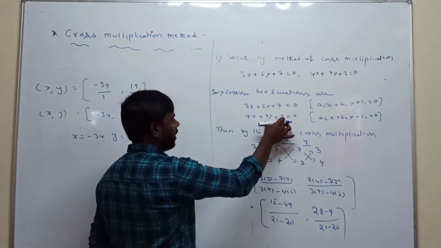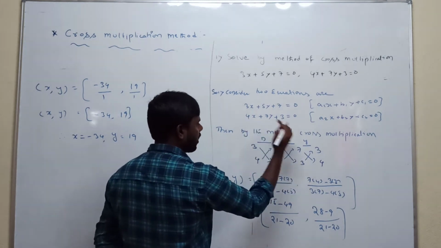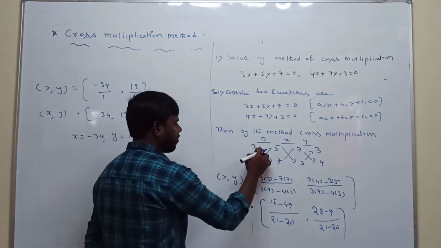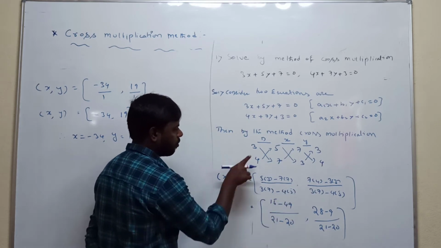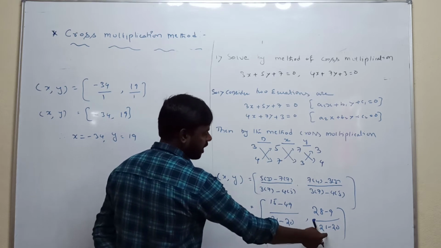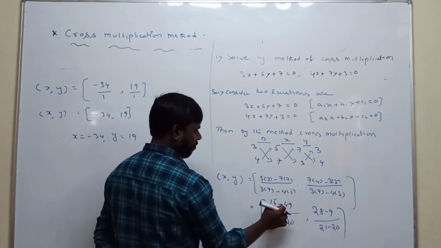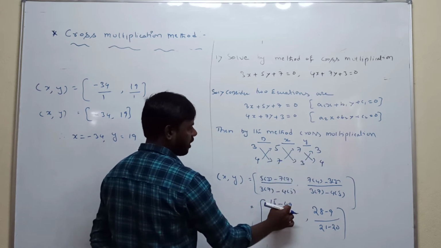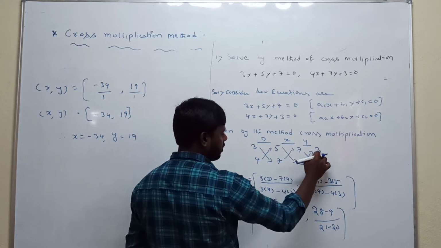Second equation: x coefficient is 4, y coefficient is 7, constant coefficient 3, write 4 again. Now this cross multiplication value you can take as denominator, both x and y denominators are the same: 3 7s are 21 minus 4 5s are 20. So y denominator is also the same. This value you can take as x numerator: 5 3s are 15 minus 7 7s are 49. This value you can take as y numerator: 7 4s are 28 minus 3 3s are 9.